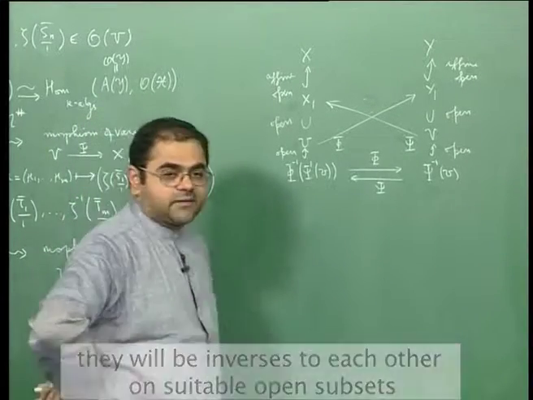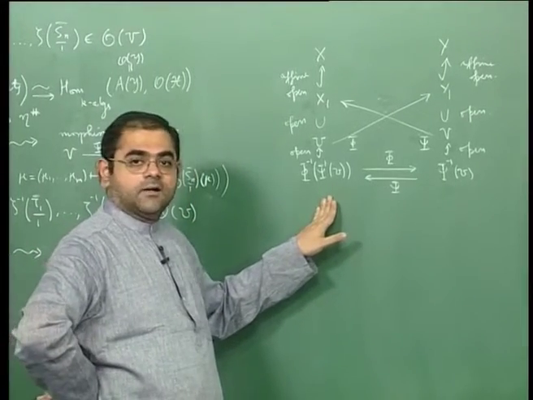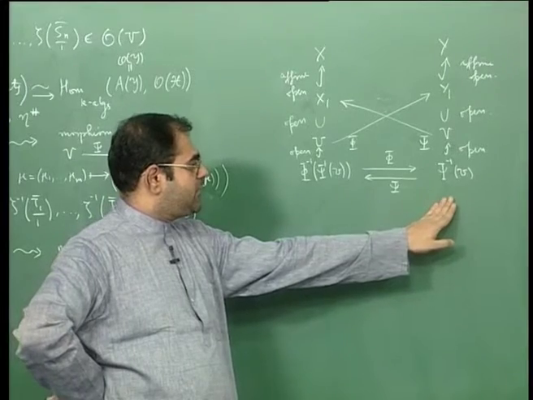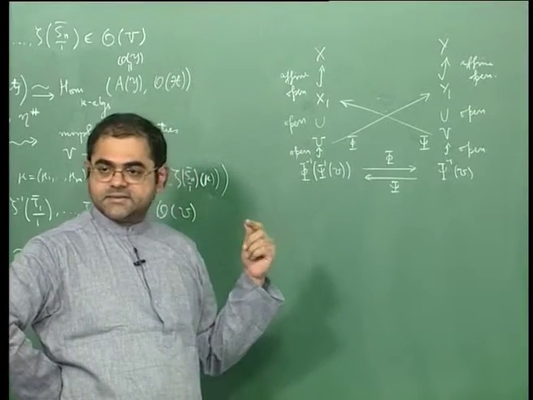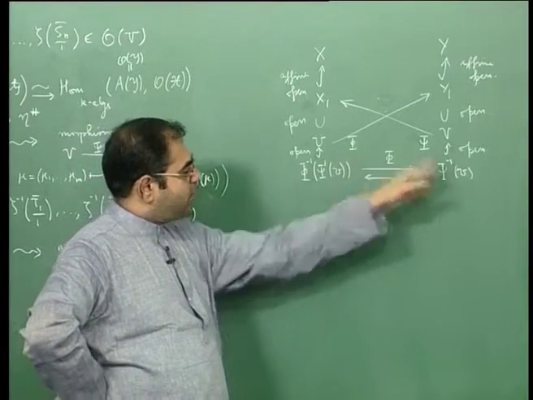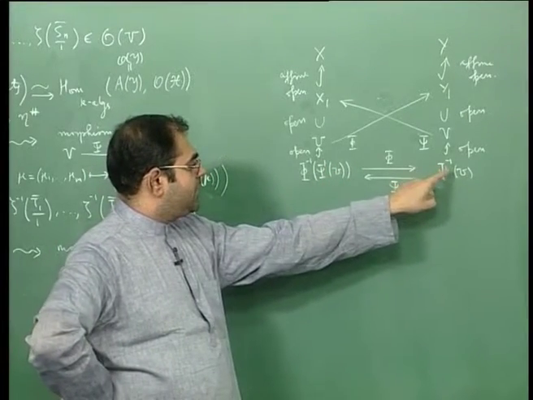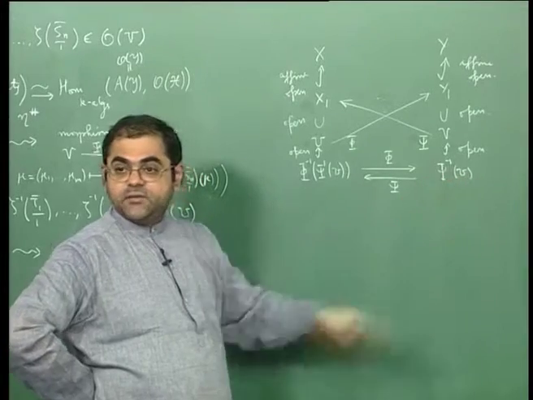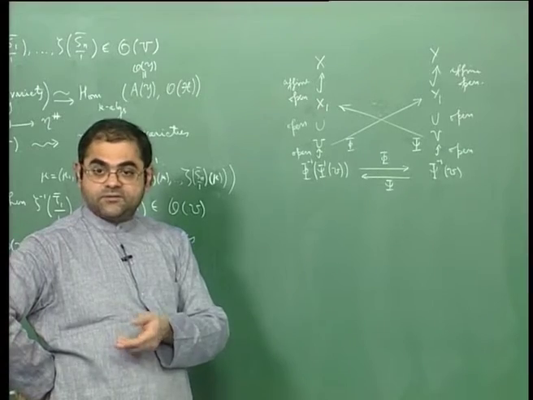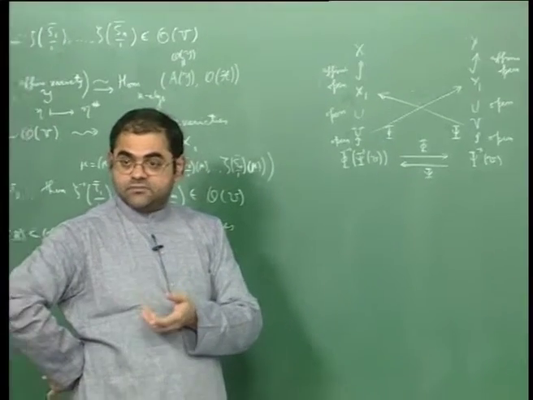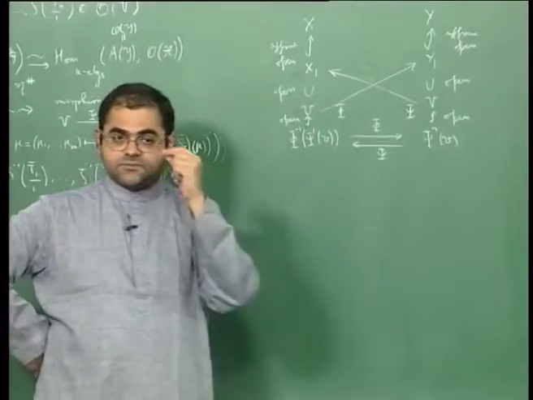So the fact that you are using is that if you have two varieties and you have two morphisms going in opposite directions such that the composite morphisms, phi followed by c and then psi followed by phi, induce the identity map at the quotient field level, then they have to be inverse isomorphisms.